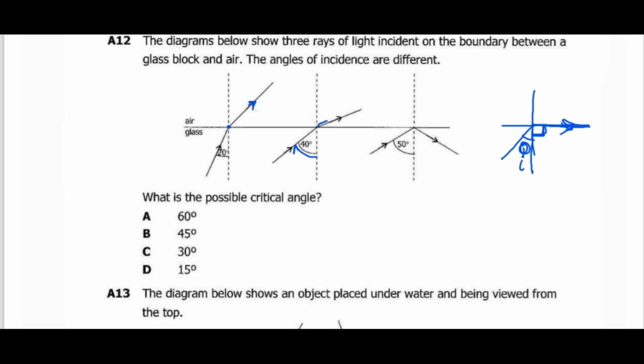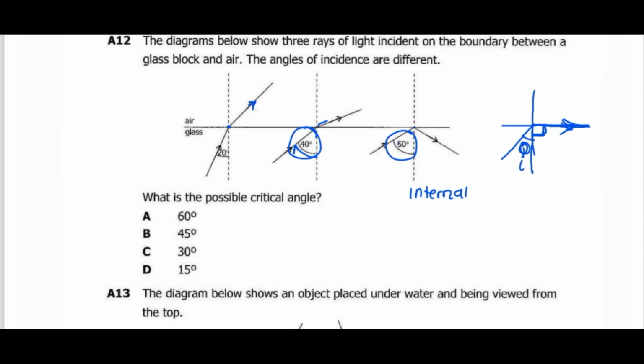Then when the angle has increased up to 50, there is what we call total internal reflection. So the angle that we are solving for is between this and this, because if we increase up to 50, we have total internal reflection.